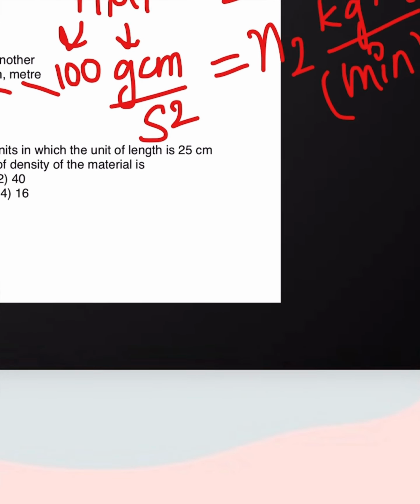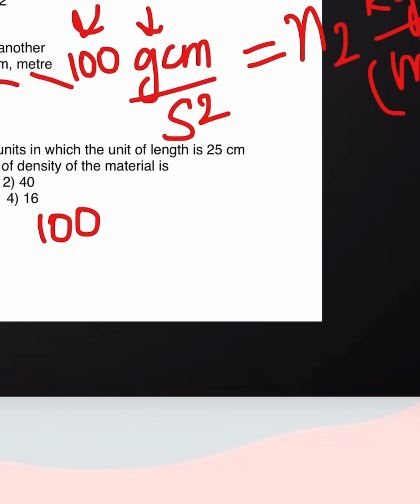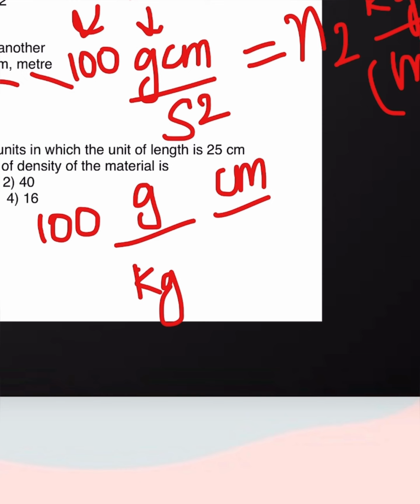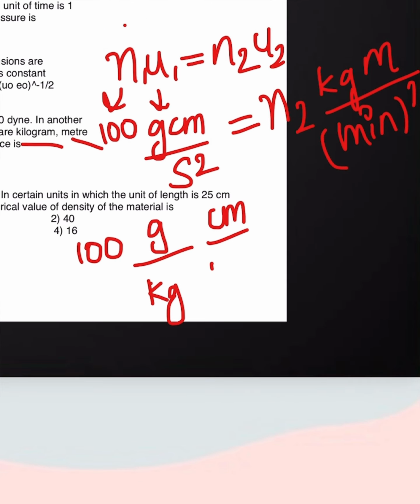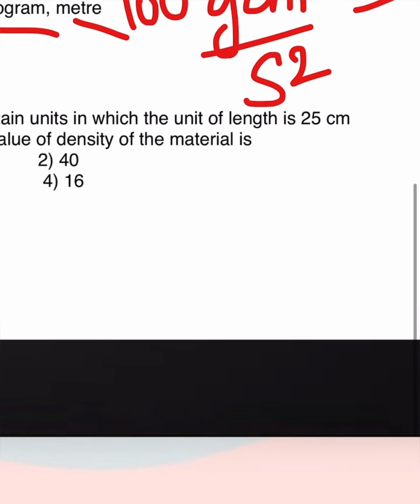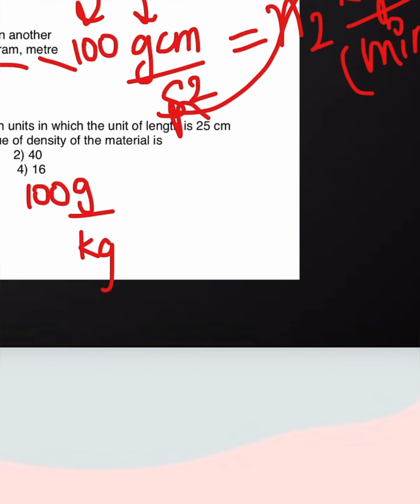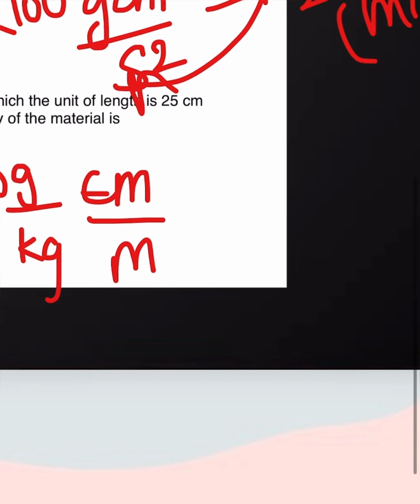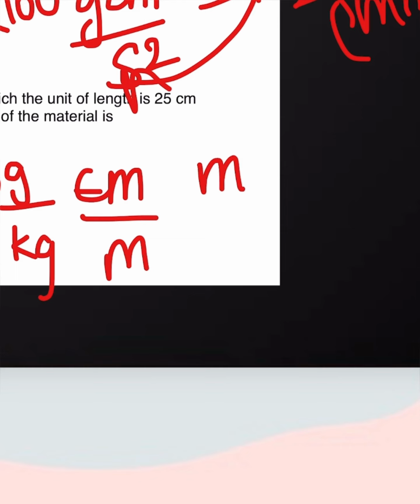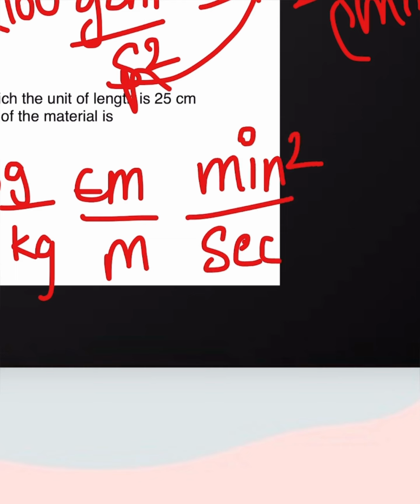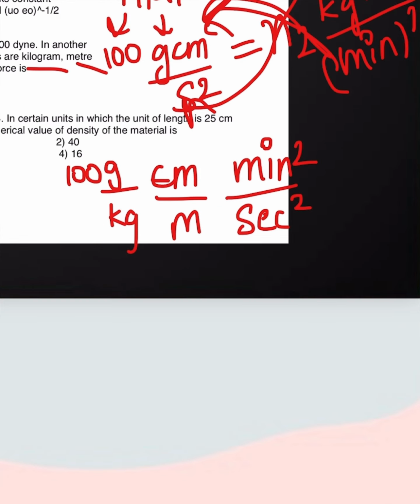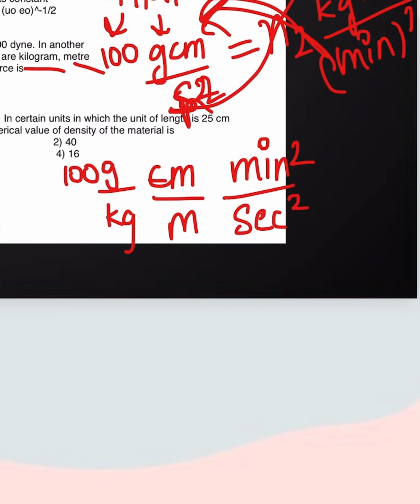So if we bring this here, 100 gram divided by kilogram, centimeter divided by meter, and minute square divided by second square, with minute square in the numerator and second square in the denominator, is equal to n2.